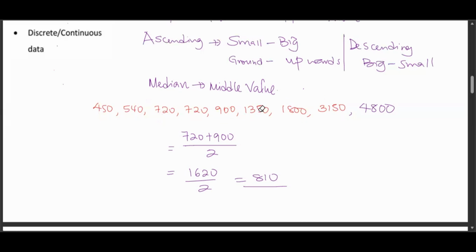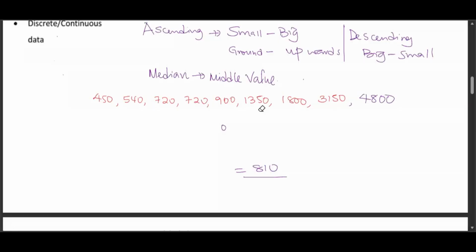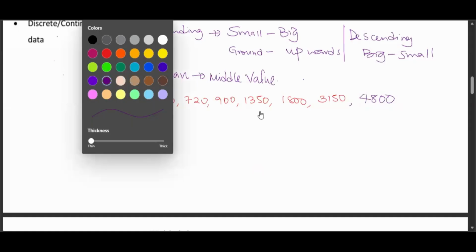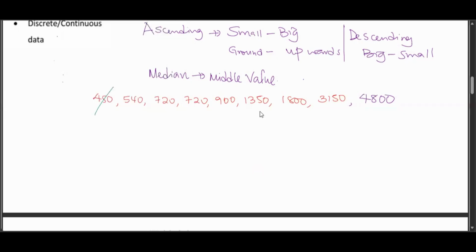Now this would not be the median, because with 9 numbers you're definitely going to get a perfect number, and that will be the median. So now 1, 2, 3, 4, 5, 6, 7, 8. You see, if they are odd, you remain with a perfect number. If they're even, you always have 2 numbers in between.